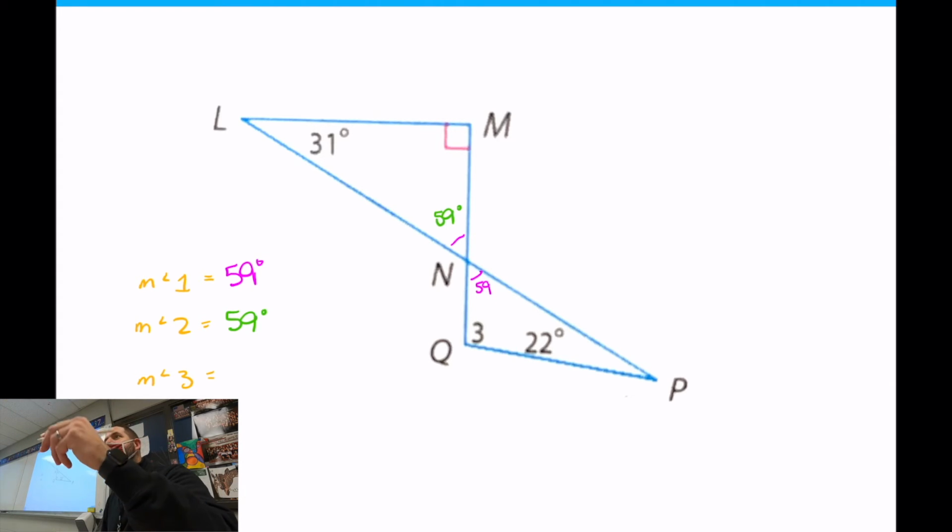So somebody else, thank you for the 2 volunteers. So far you guys are spot on. So, what do we think? Angle number 3, how can we find it? What do you guys think? Brave volunteer.